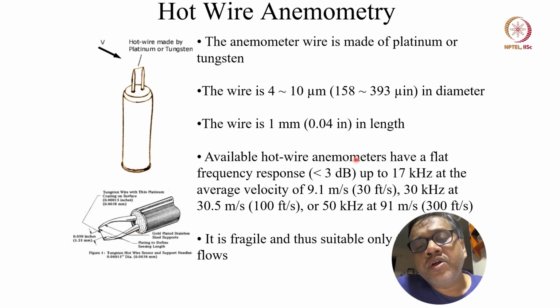All available hot wire anemometers have a flat frequency response, up to about 17 kilohertz at an average velocity of 9.1 meter per second, 30 kilohertz at about 30.5 meter per second, or 50 kilohertz at about 91 meter per second. So these are the anemometers which are available. The newer ones might actually do much better than this.